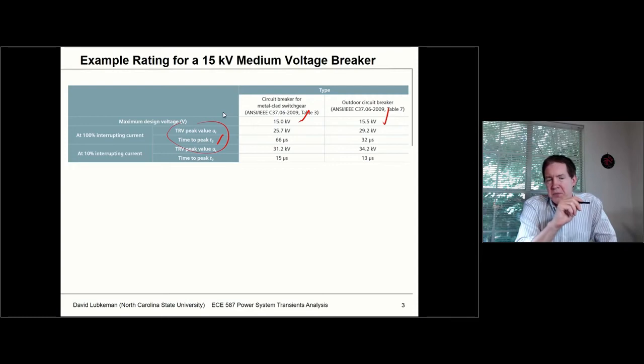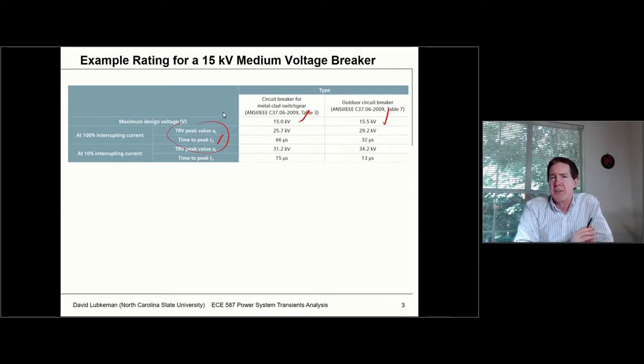Another interesting thing about this is a time to peak given. And the reason this is important is when we're talking about insulation on these circuit breakers and whether the circuit breaker is going to be able to withstand this transient recovery voltage, it's not just a function of the voltage magnitude, but it's also a function of the change in voltage with respect to time. All right. So insulation, if we put too much voltage across it, it will fail.